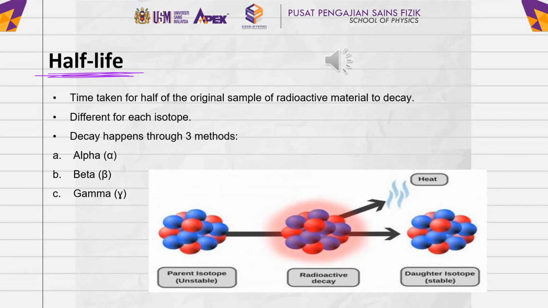The range of half-lives is boundless and is unaffected by anything that we humans can do to the isotope. High or low pressure or high or low temperature has no effect on the decay rate of a radioisotope. Decay occurs through 3 processes: alpha decay, beta decay, and gamma decay.